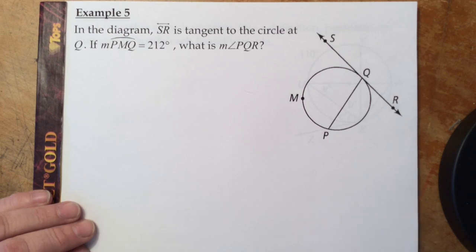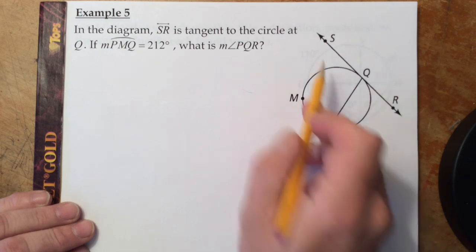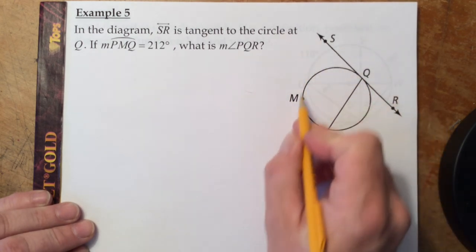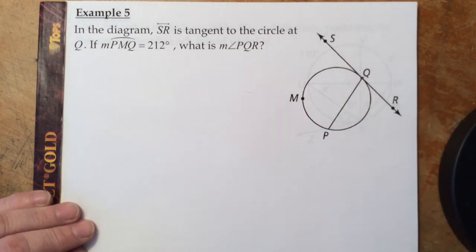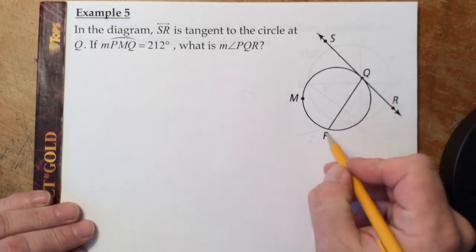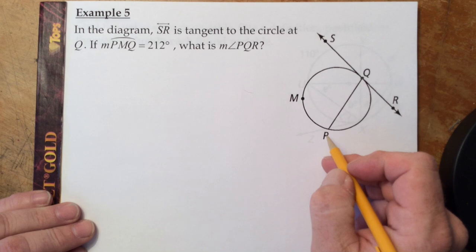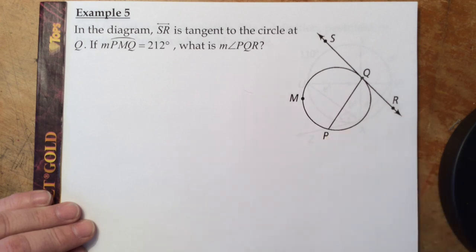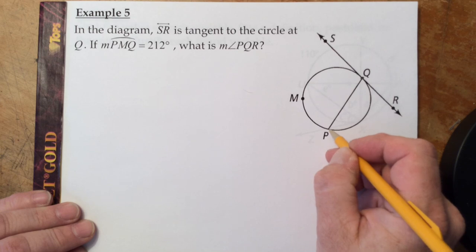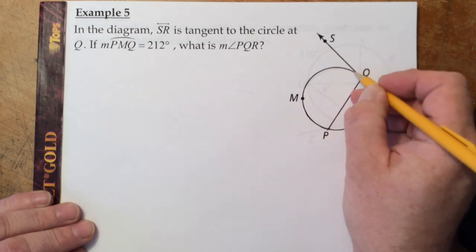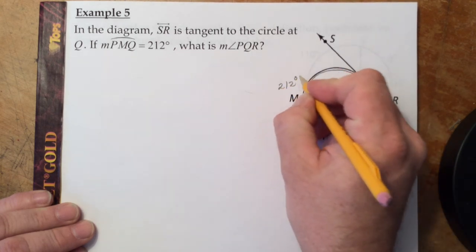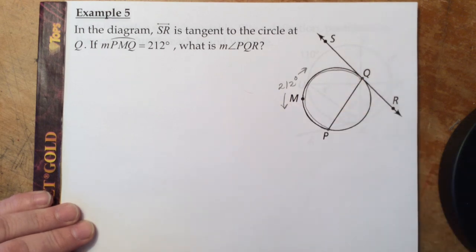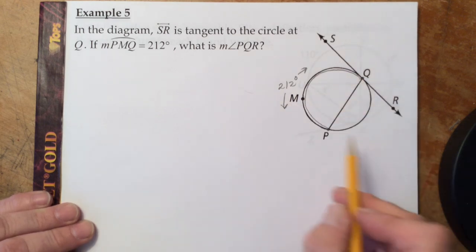Example 5. In the diagram, line SR is tangent to the circle at Q. Line SR is tangent to this circle at point Q. If the measure of arc PMQ is 212 degrees, so from here over to here is 212 degrees, what is the measure of angle PQR?